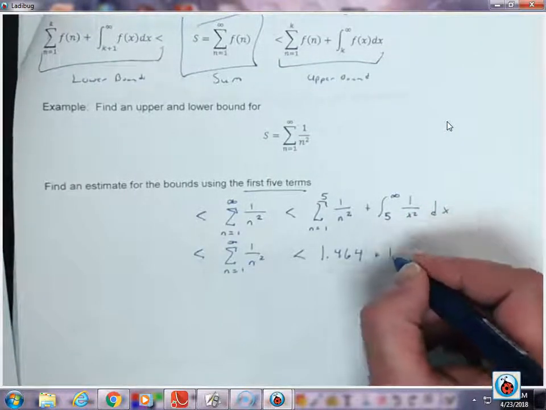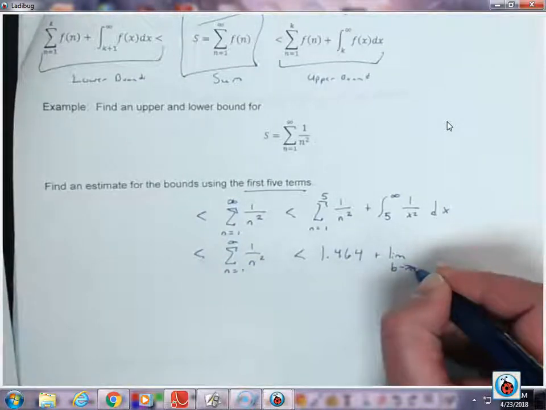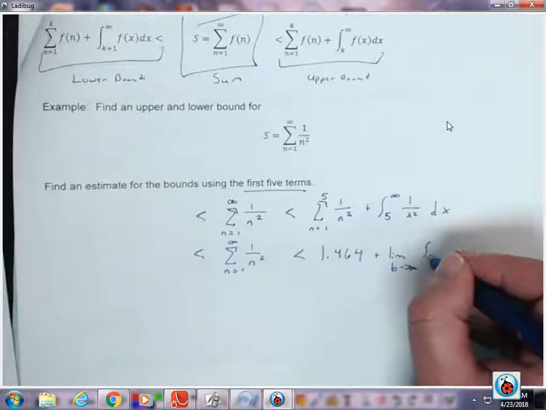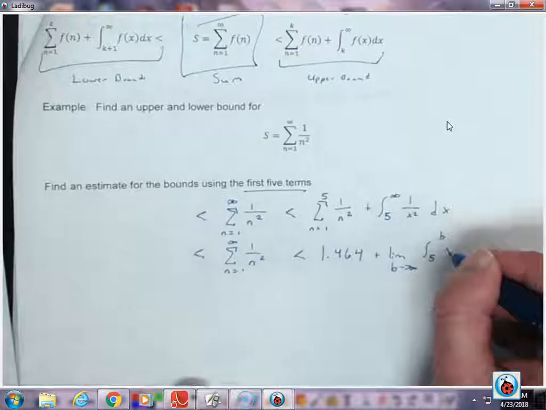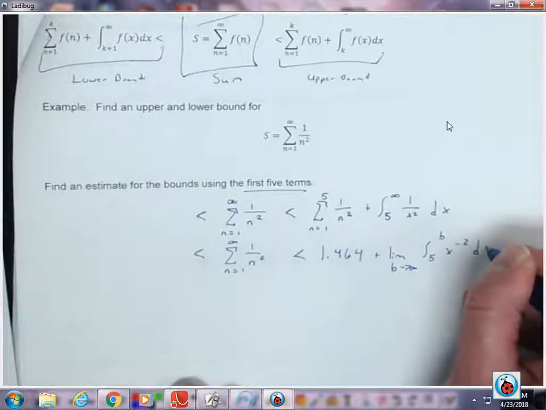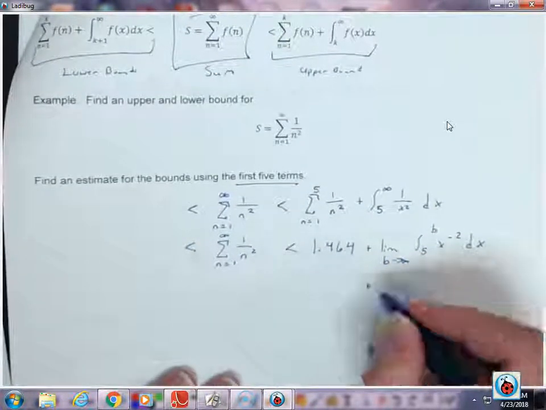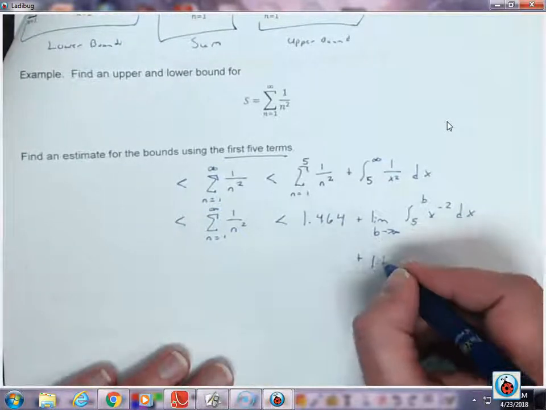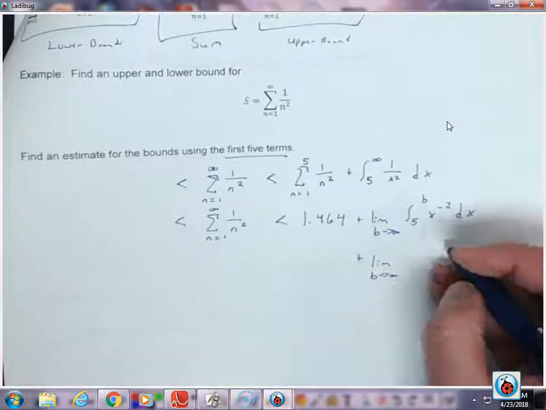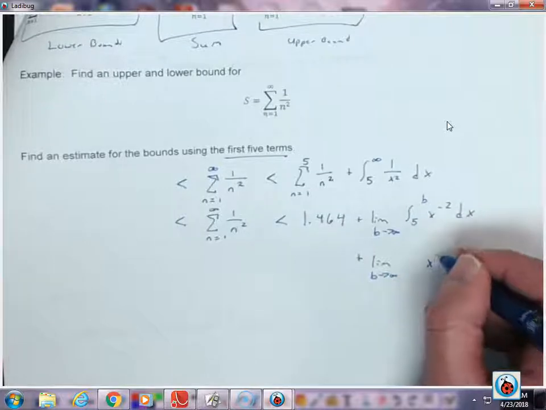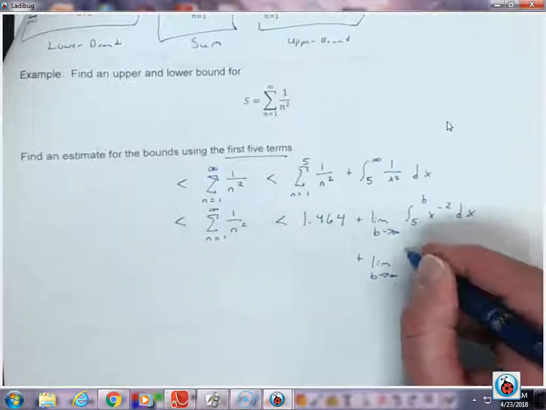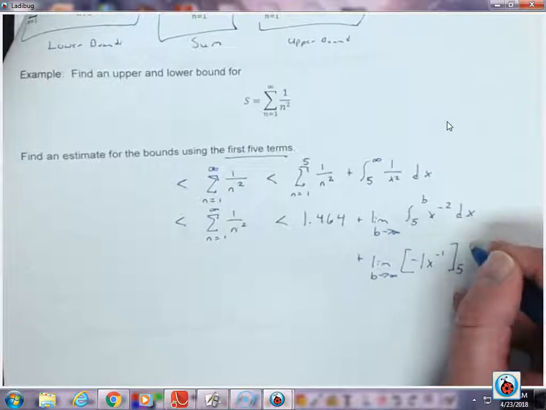So then we know to change that to be the limit as b approaches infinity of the integral from 5 to b of x to the negative 2 dx. So this would be the limit as b approaches infinity. Just a nice little power rule. Add 1 to the exponent times the reciprocal. And we're going to evaluate that from 5 to b.